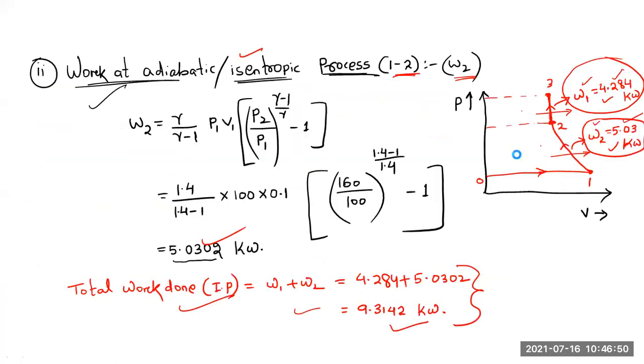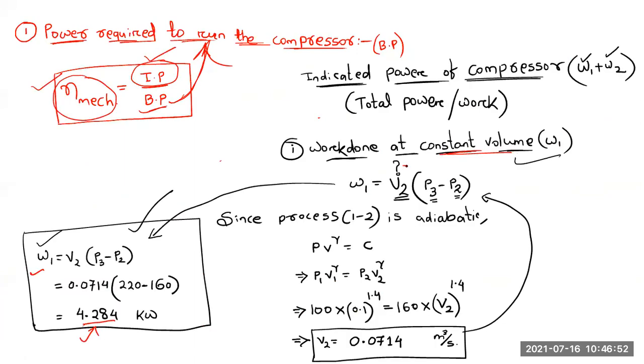So the only important point is to calculate this V2 value. To calculate this V2 value, you have to apply this. This is the relationship between pressure and volume for an adiabatic process. And what is the relationship between pressure and temperature?